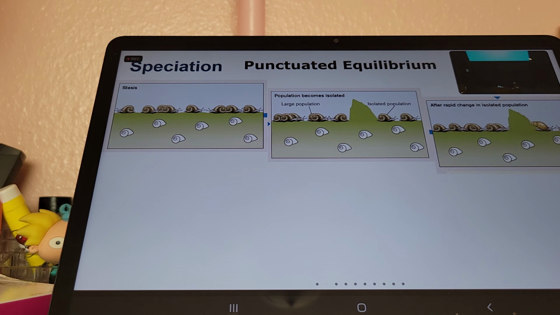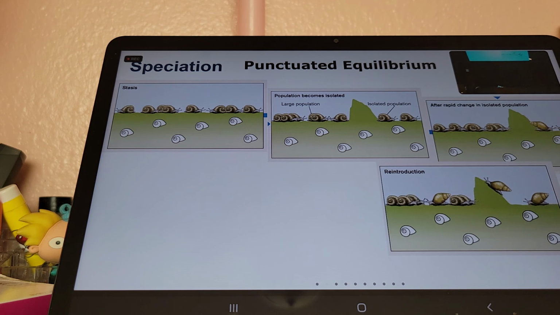So we get change in the isolated group, and it can happen fairly rapidly. And so what we start to see is that the fossils look pretty similar still, and then you get the reintroduction of the isolated group that has undergone speciation back into the core area, right?